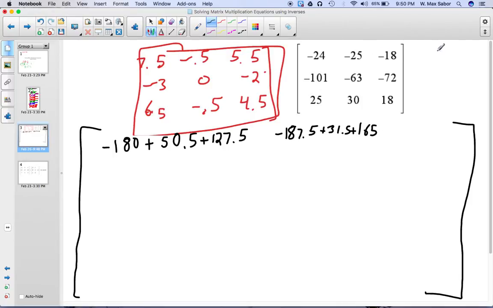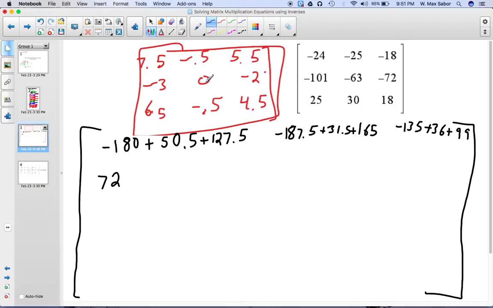7.5 times negative 18. That's 9 times 15, which is negative 135. Negative 0.5 times negative 72. You can fast forward through this. I think you know how to do the arithmetic. 5.5 times 18 is 99. We have 72.